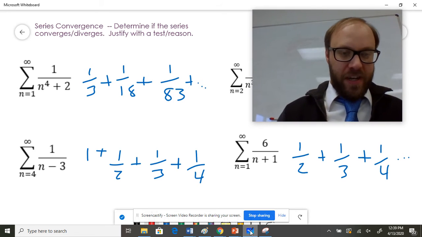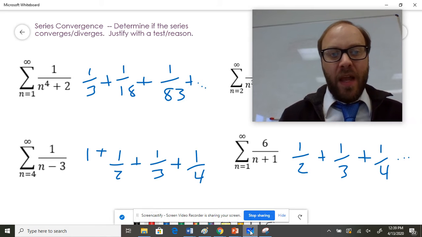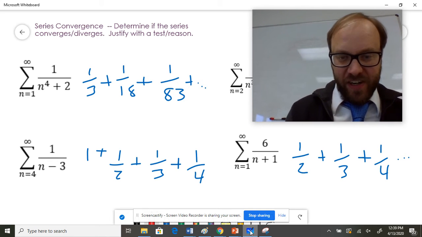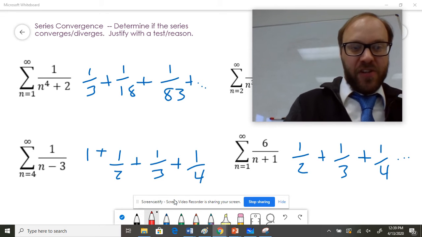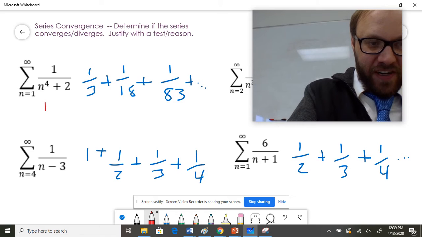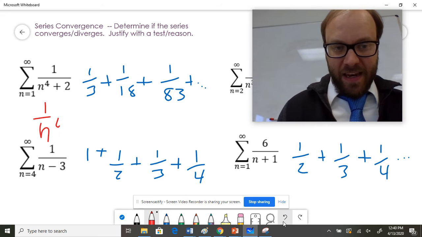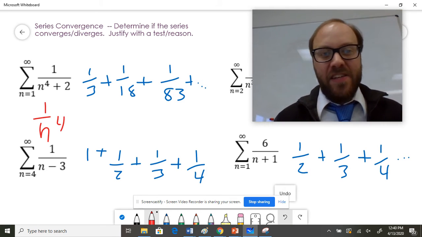So if we look at this first example here, 1 over n to the fourth plus 2, notice that this looks a whole lot like the series 1 over n to the fourth, okay? These are referred to as p series. P is the exponent value. So I can compare it to something that looks real close to that, 1 over n to the fourth.